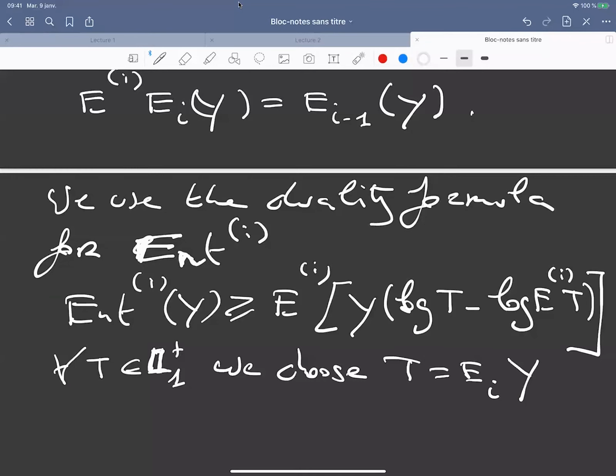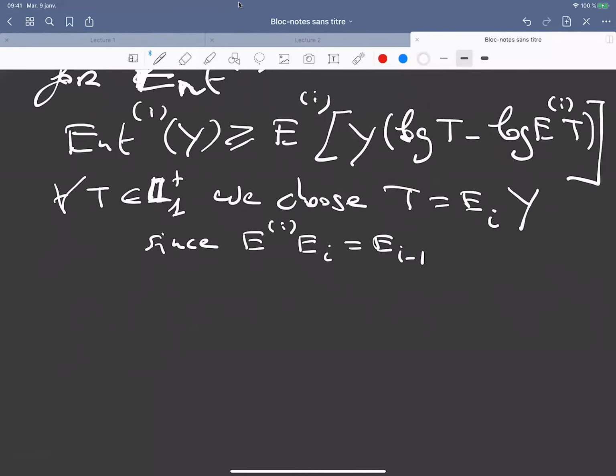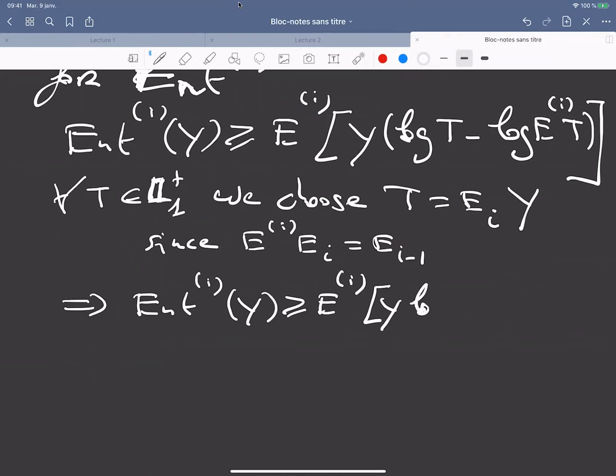And if we choose t like that, since expectation bracket i of the expectation conditionally to x1 up to xi is equal to the expectation conditionally to i minus 1, this implies that the conditional entropy of y is larger than the expectation bracket i of y times the log of this guy minus the log of this other guy here.